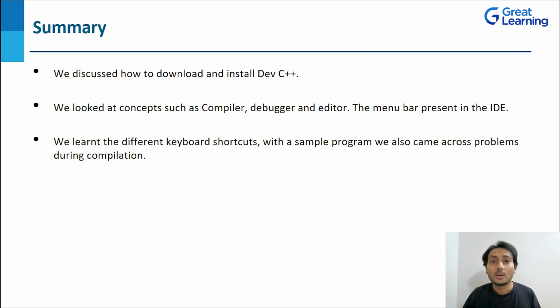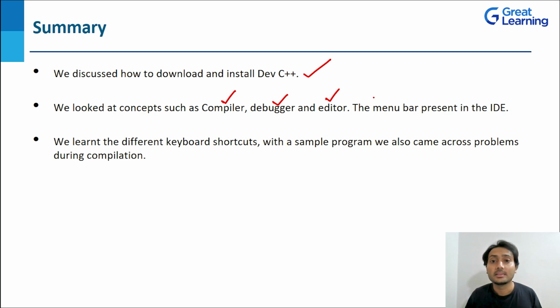We started with downloading the Dev C++ IDE, and we have also seen how to install it. Then we saw concepts such as compiler, debugger, and the editor, and how you can type your program in the Dev C++ IDE and how these options help you successfully run your program.